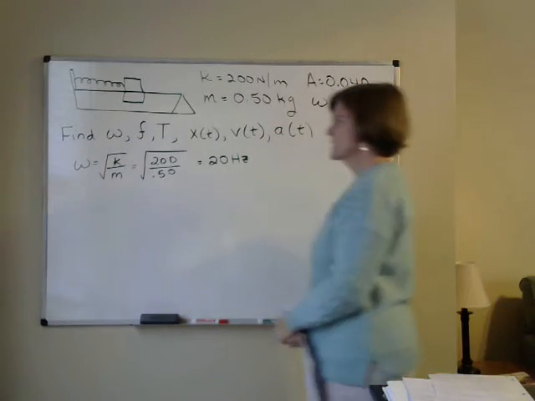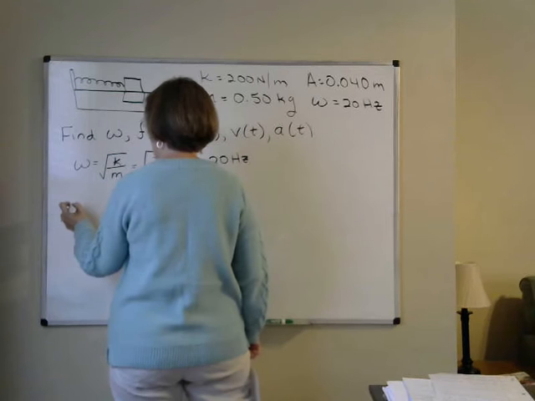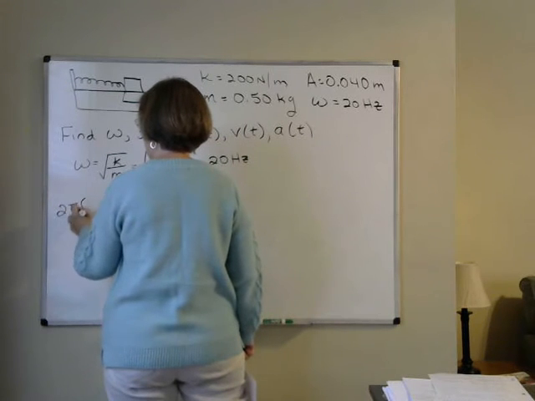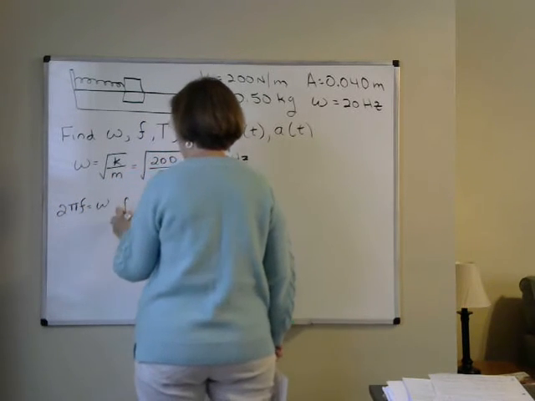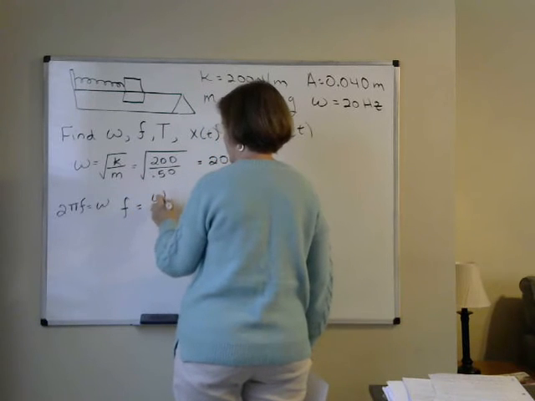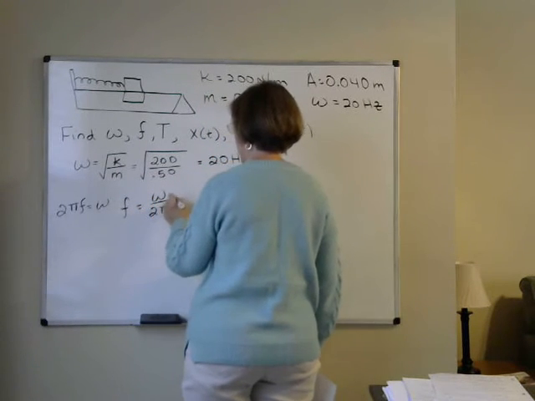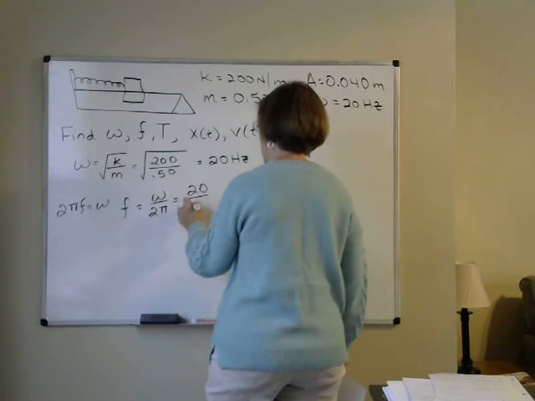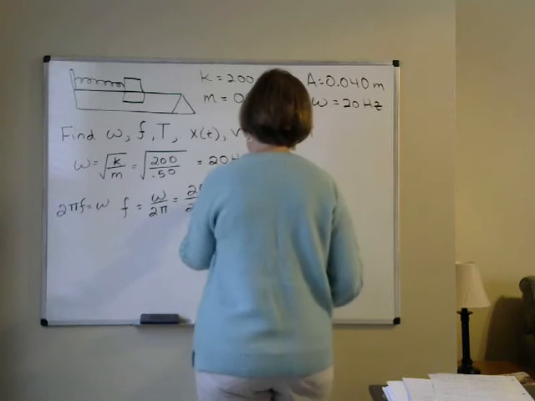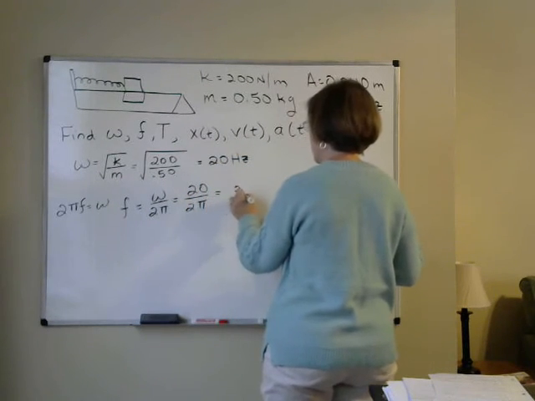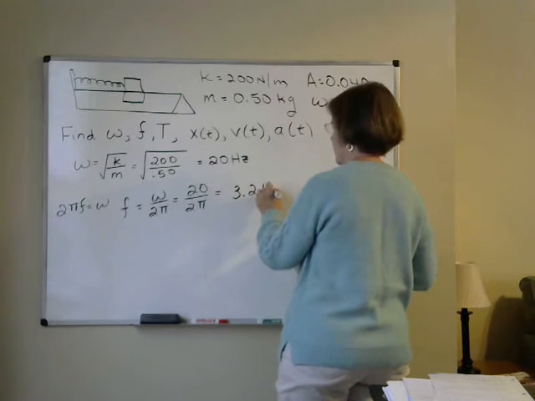They also want us to get the frequency. Well, we know that 2 pi f is equal to omega. So f is just omega divided by 2 pi. Comes out to be, to two significant digits, 3.2 hertz.